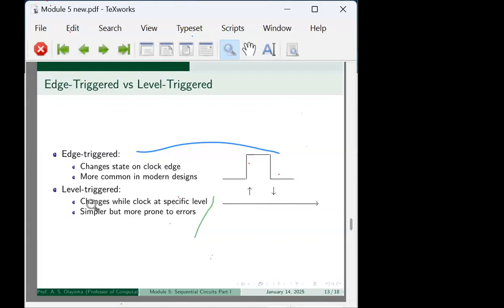We also have what we can refer to as level trigger. When we talk about level trigger, this one causes a change while the clock is at a particular level. Definitely this one is simpler, but it can be more prone to error because there is no indicator to tell you that the signal is changing.